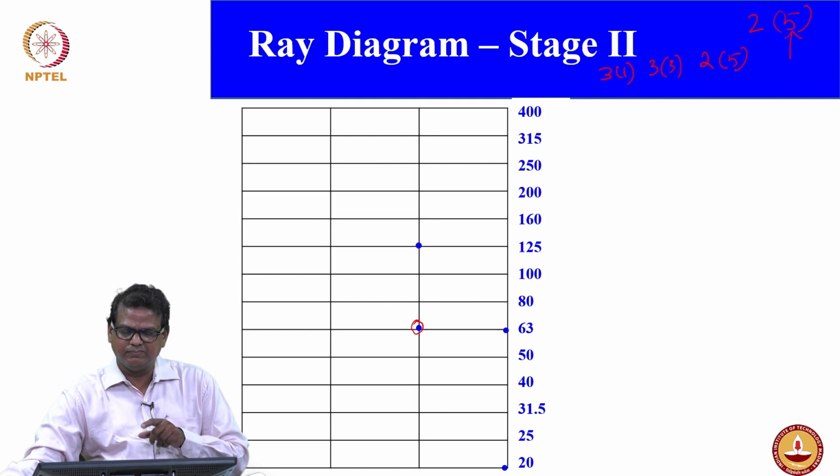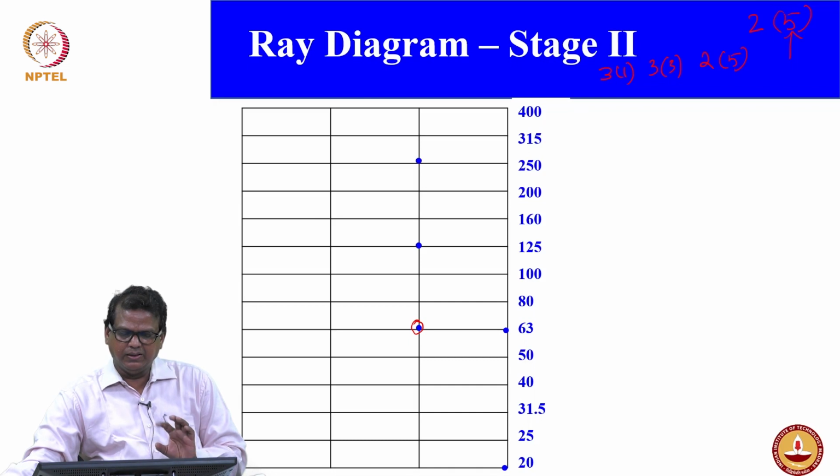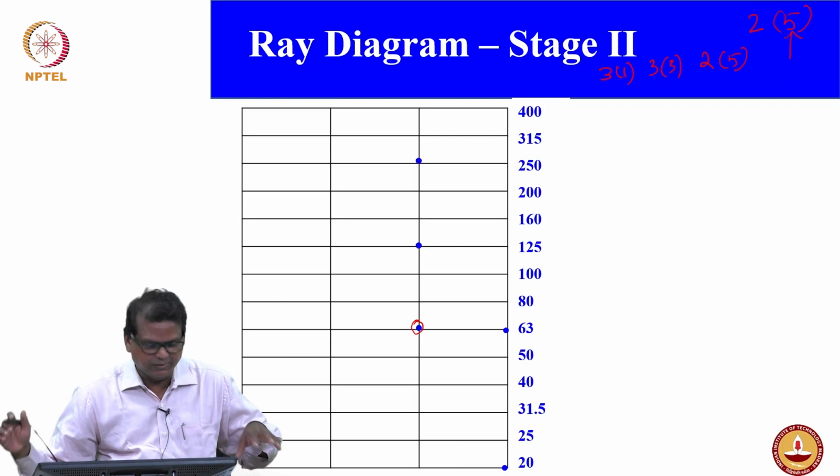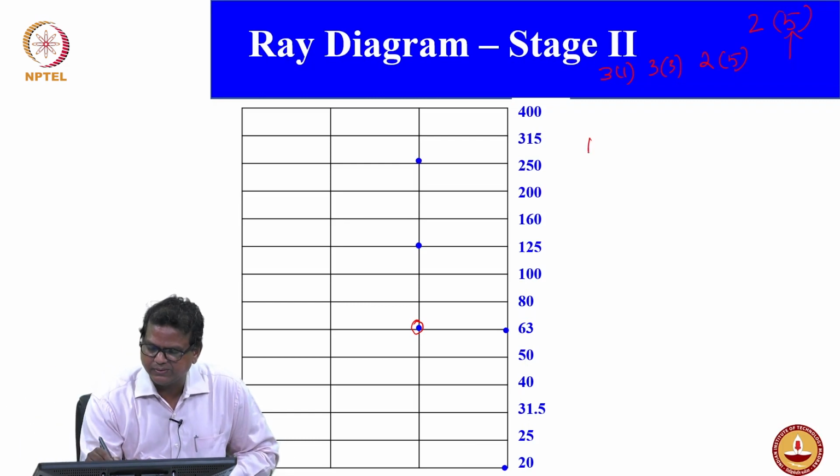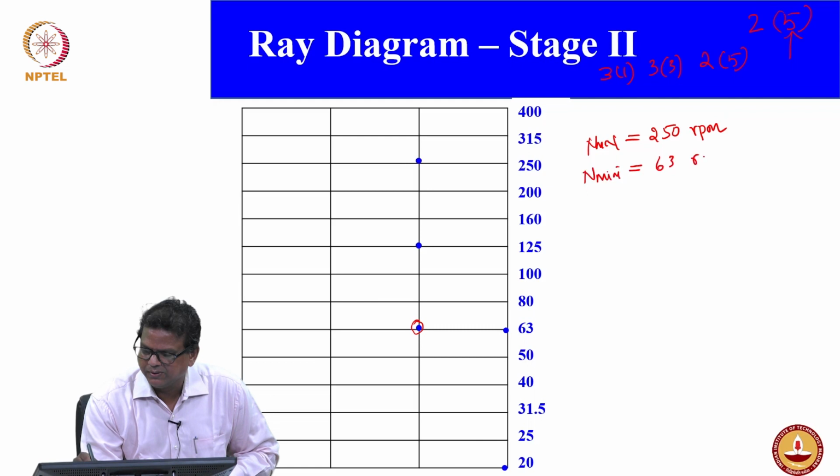You have 125, you have 250 RPM, this is clearly given. So 125 is there, 250 is there, and 63 you have. So that means your N max is 250 RPM, your N minimum is 63 RPM.